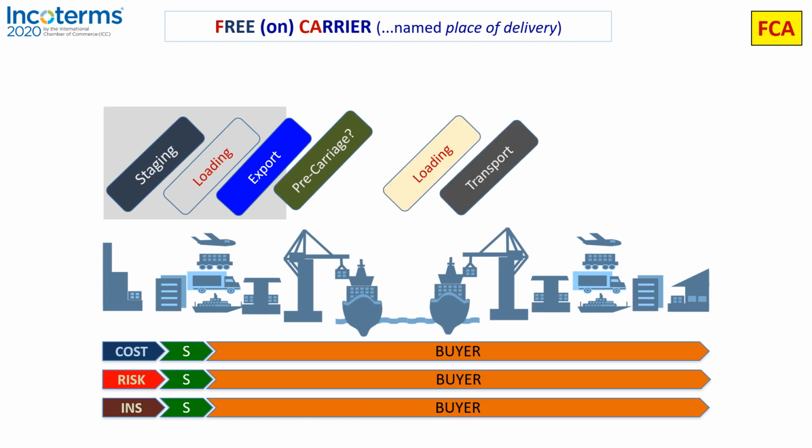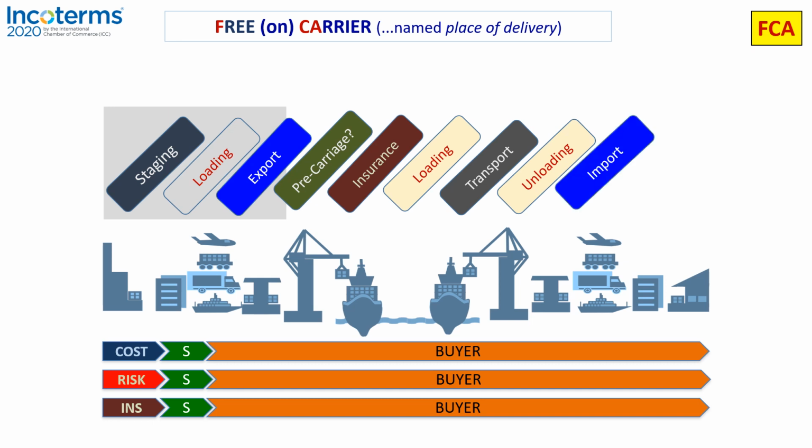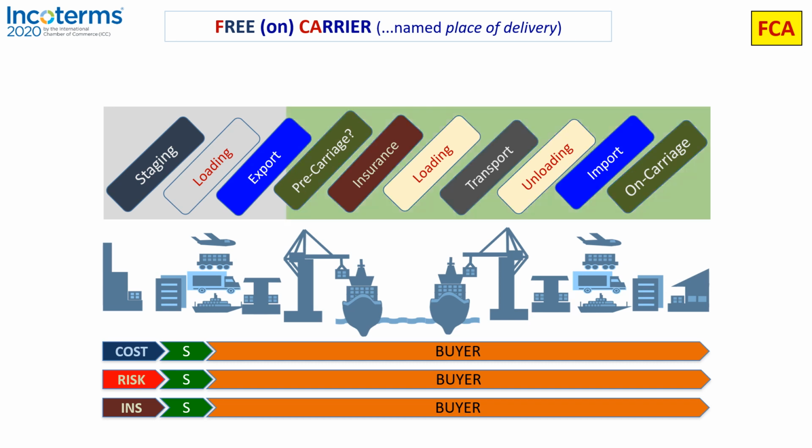Loading onto the main carriage, the main transport, offloading from the main carriage, insurance on the cargo from wherever the buyer is taking responsibility, import clearance at destination, on-carriage from that main port to the buyer's warehouse, everything becomes the buyer's responsibility. In pre-carriage, there is a slight variation.